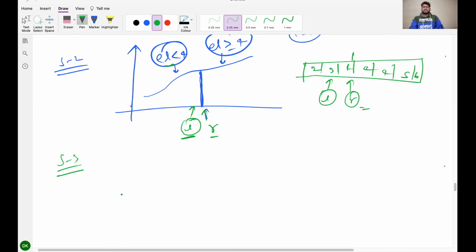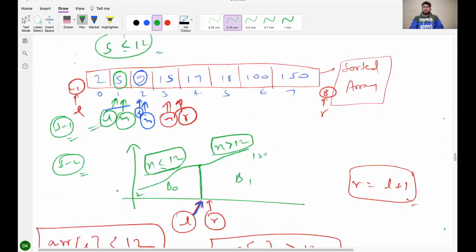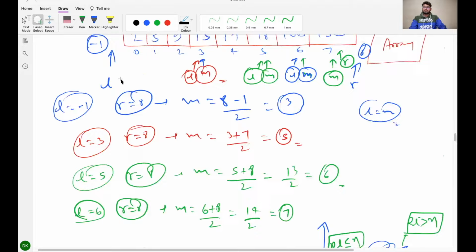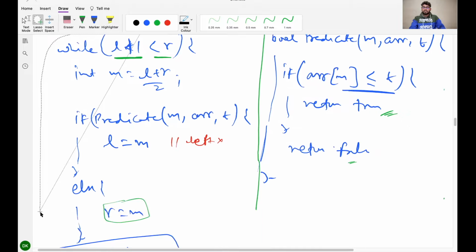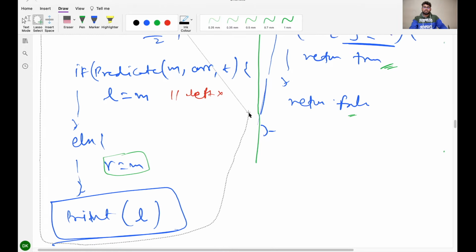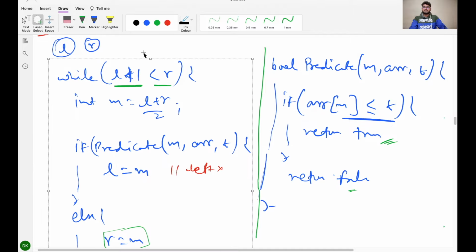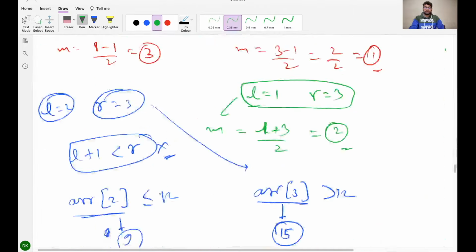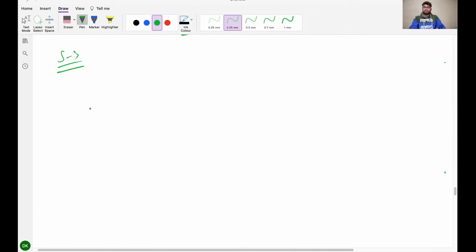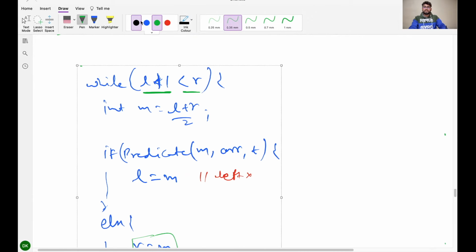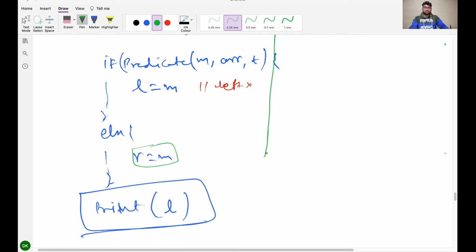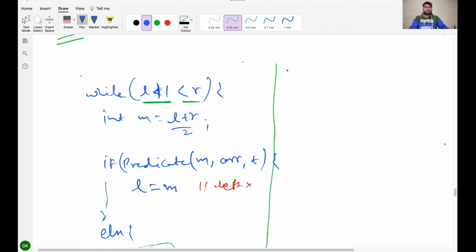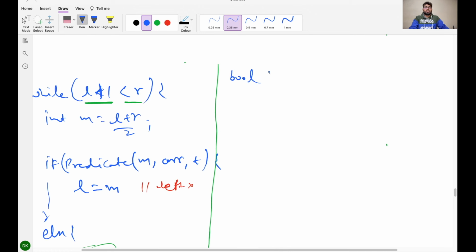For step 3, I just have to write the code. This is going to be the same as before, so I just make a copy and paste. After that I have to write my predicate function, bool predicate.